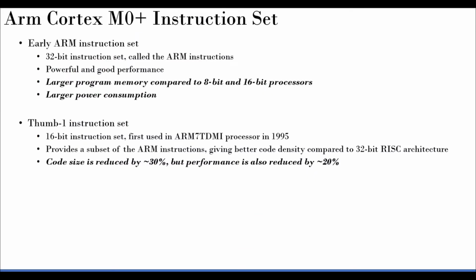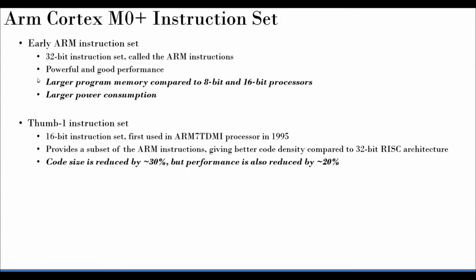The early ARM instructions were actually purely 32-bit, and it was really powerful and had good performance. I've shown you in the previous lecture a comparison between an 8-bit and a 32-bit case. But with 32-bit instructions comes more complicated hardware circuitry as well as larger program memory compared to an 8-bit or 16-bit microprocessor.